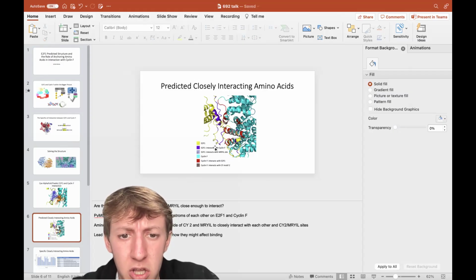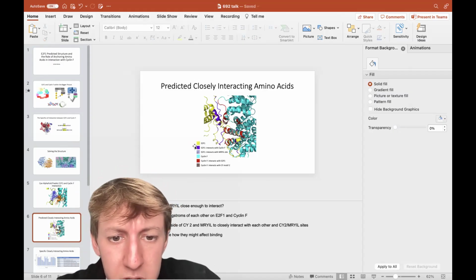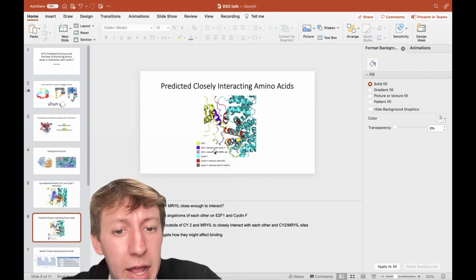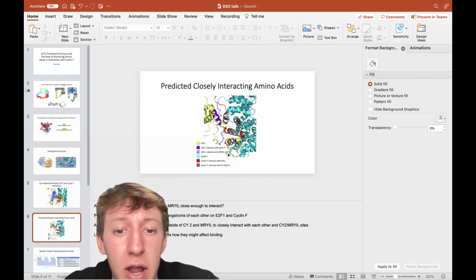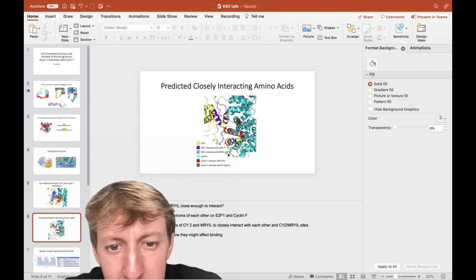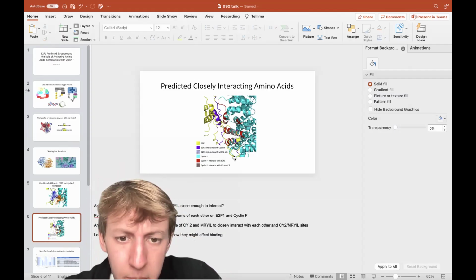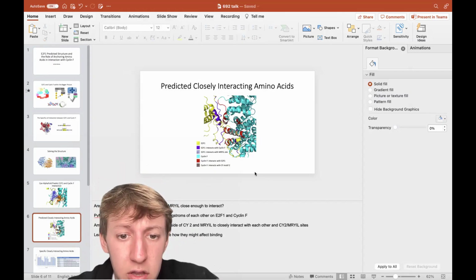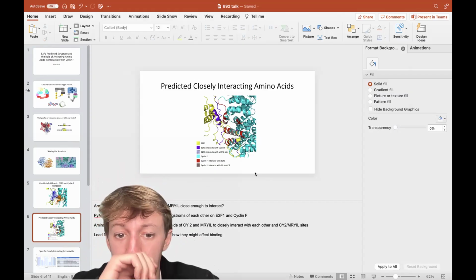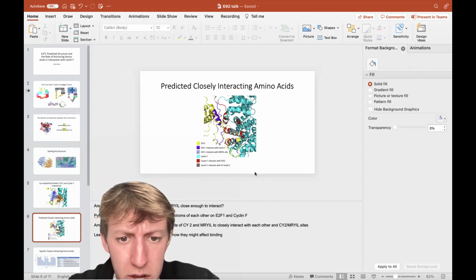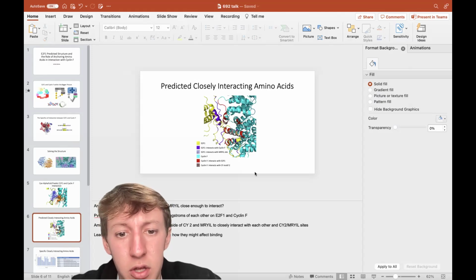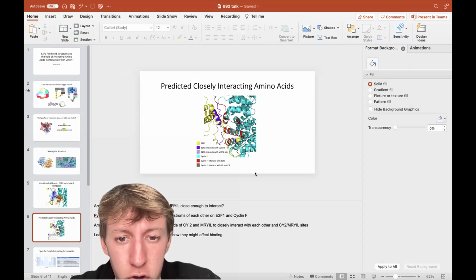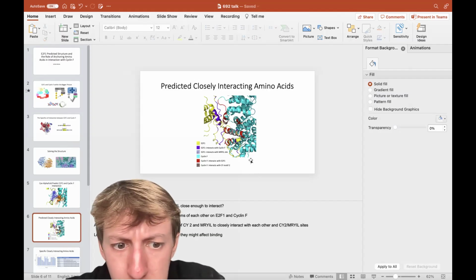When labeling these, we can see on the picture on the slide that E2F1 is shown in yellow. The parts of E2F1 that closely interact with cyclin F are shown in purple, and the parts of E2F1 that closely interact with the MREL site are shown in a lighter, more lavender purple. Cyclin F as a whole is shown in light blue, the parts of cyclin F that interact specifically with E2F1 are shown in red, and the parts of cyclin F that interact with Cy motif 2 are shown in a lighter brown color.